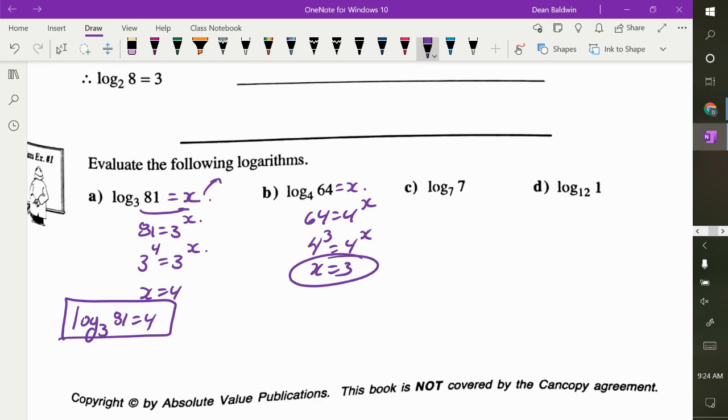I want to do these last two here. C, log base 7 of 7. 7 is equal to 7 to the x. What does x equal? 1, right? Because that's a 1 right there. They're already in the same base.